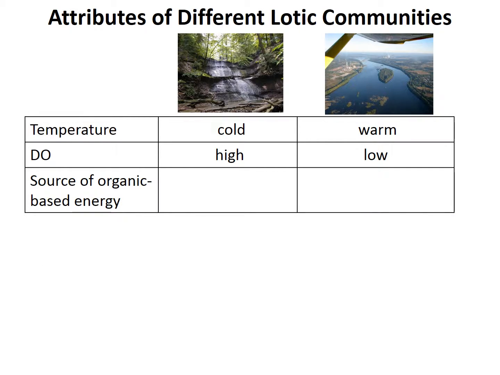What is the difference in the source of organic-based energy in a headwater stream versus a large river? Now, the ultimate source of energy is, of course, the sun. But what organism is fixing this energy into an organic molecule and thereby making it available to the rest of the food chain in these two different extremes of lotic communities?